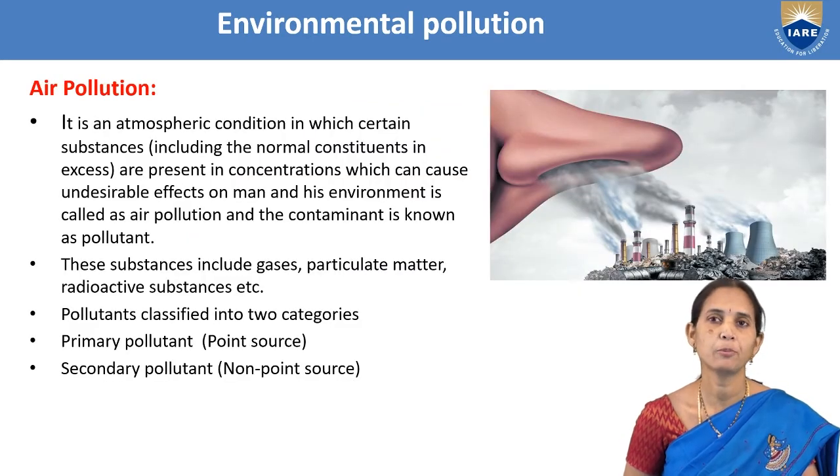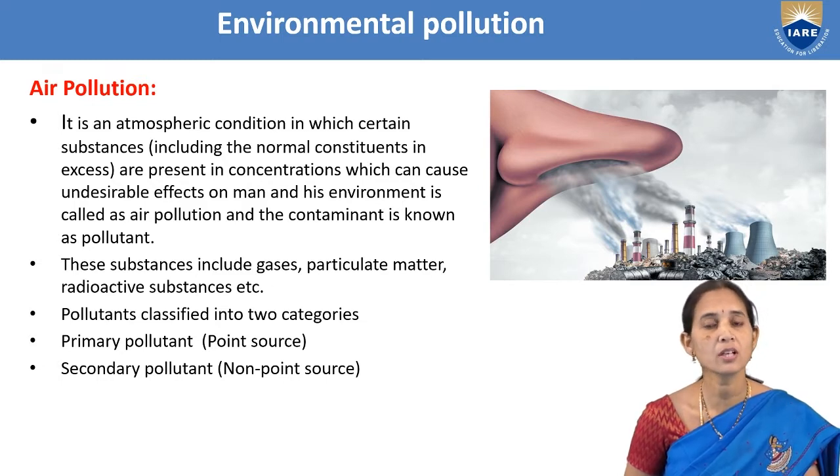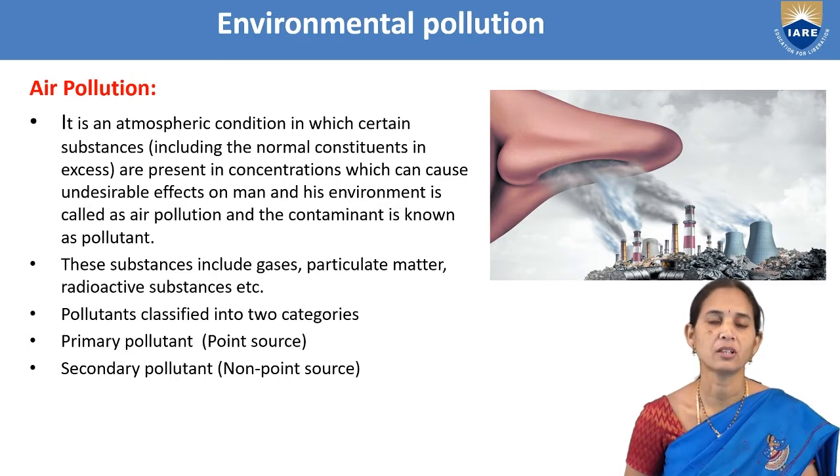So what is air pollution? It is an atmospheric condition in which certain substances are present in concentrations which can cause undesirable effects on man and his environment. It means air is polluted. What is present in the air?